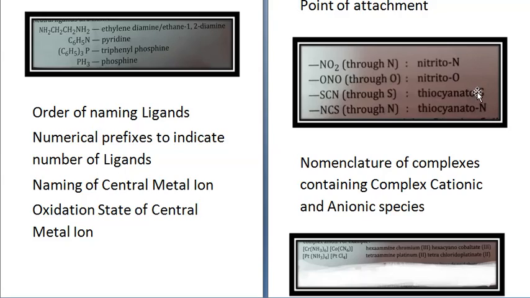Now, nomenclature of complexes containing complex cationic and anionic species.